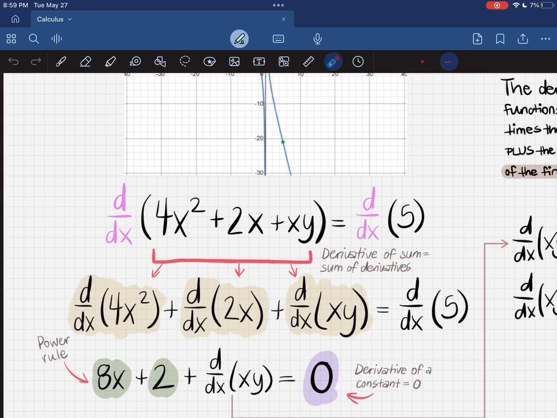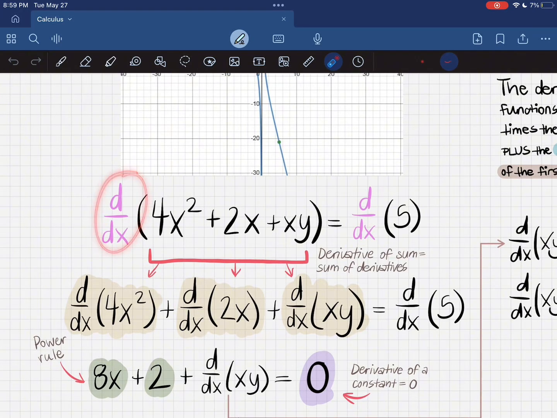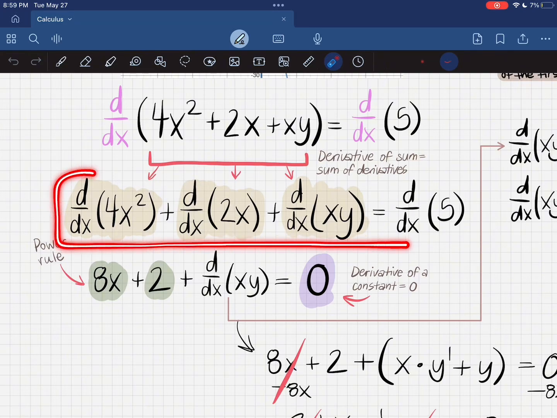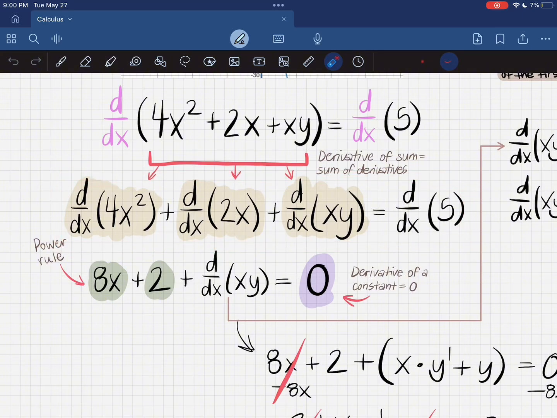So our first step would be, once again, to take the derivative of both sides with respect to x. And going term by term, we would once again do the derivative of sums, giving us the derivative with respect to x of 4x squared plus the derivative with respect to x of 2x plus the derivative with respect to x of xy.